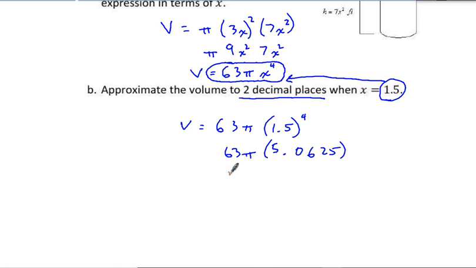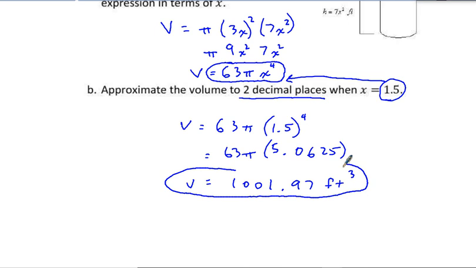And then when we multiply all of those together using the pi key, the volume is going to be 1,001.00 feet cubed. Since we're talking volume and we were given this information in feet, cubed is the 3 dimensions dealt with in volume.